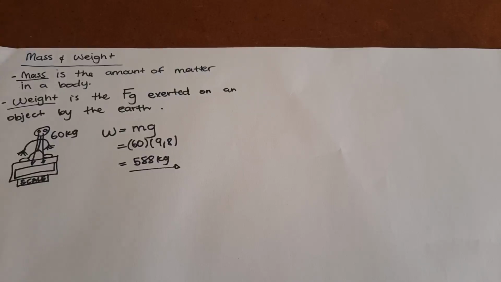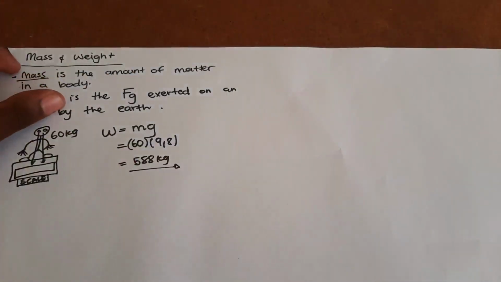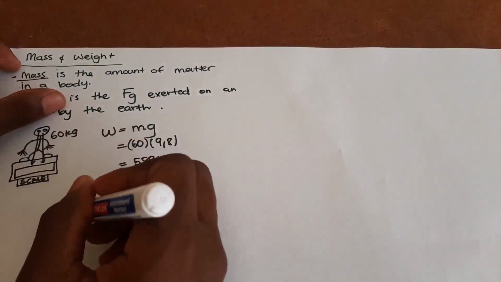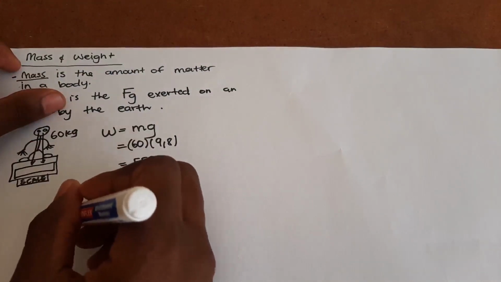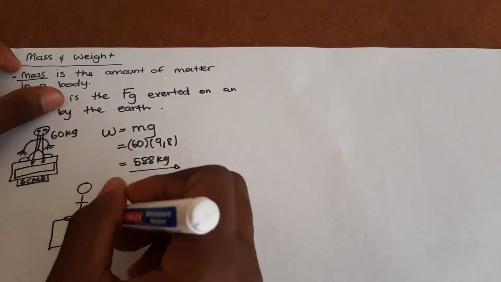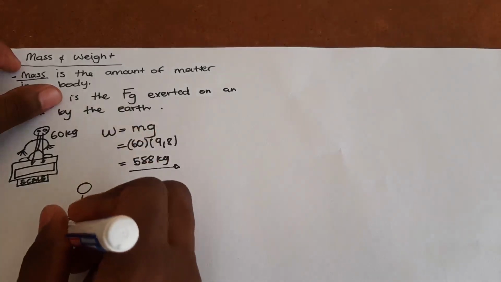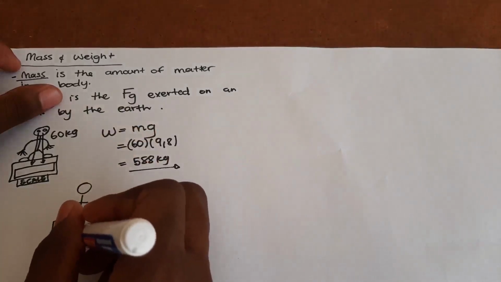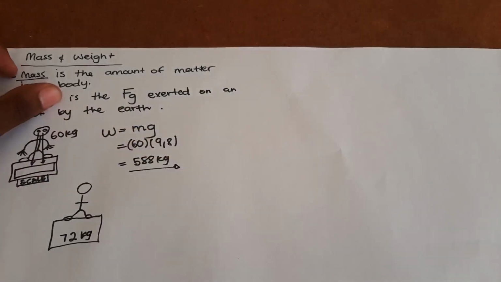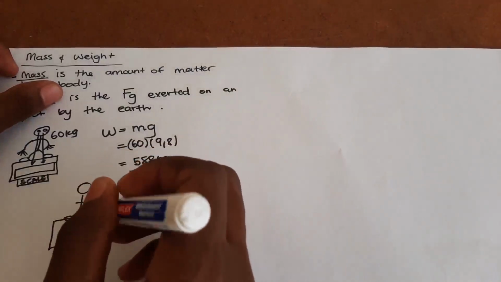Let's say in this instance we have this body weighing on a scale, and let's say their weight is 72 kilograms on the scale.